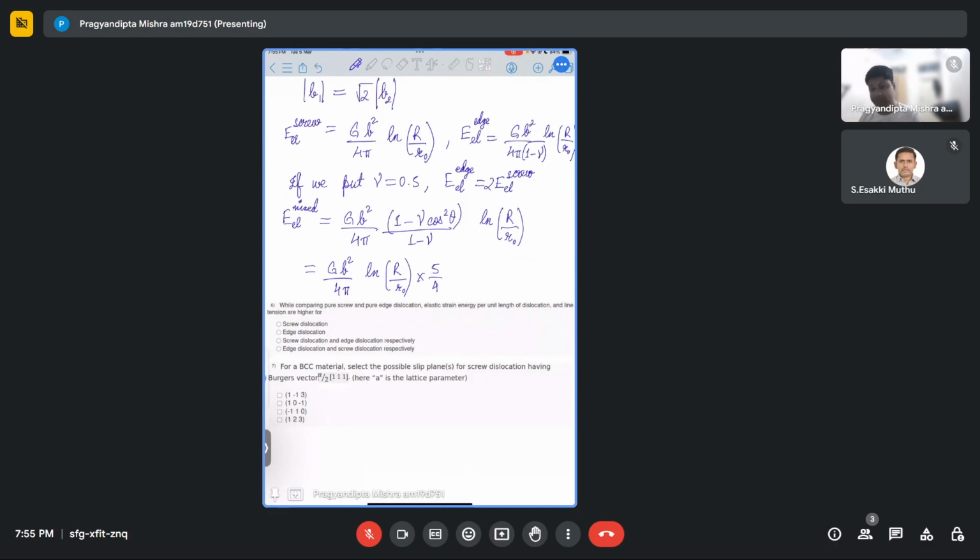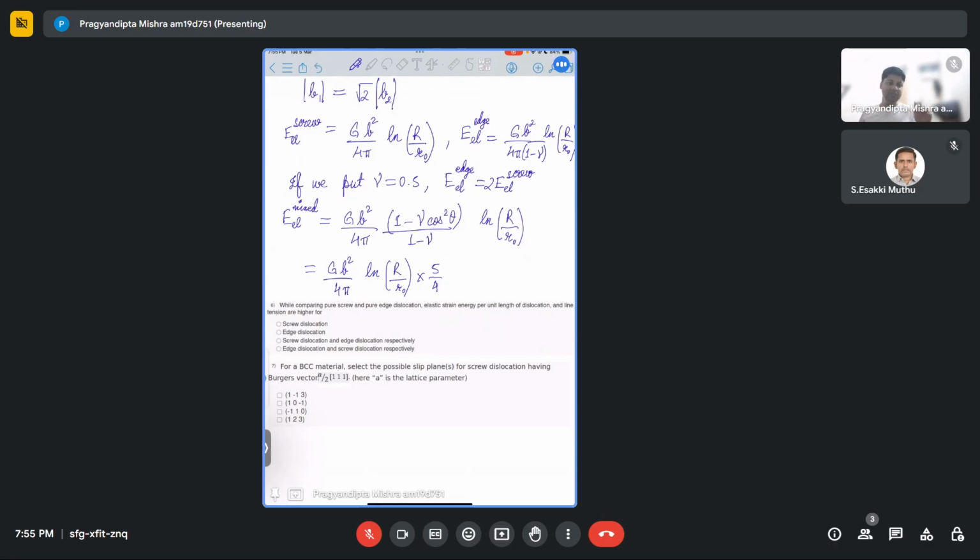Now, sixth question. While comparing pure screw and pure edge dislocation, the elastic energy per unit length of dislocation and line tension are higher for which one? We know that in edge dislocation we'll have a 1 minus nu term in the denominator.